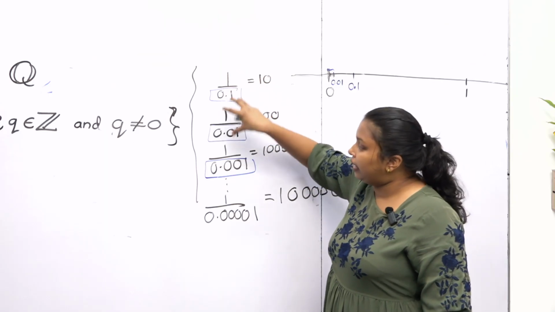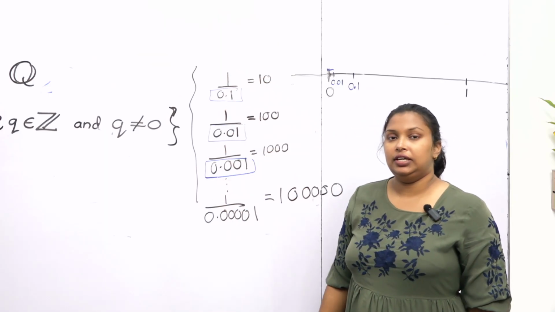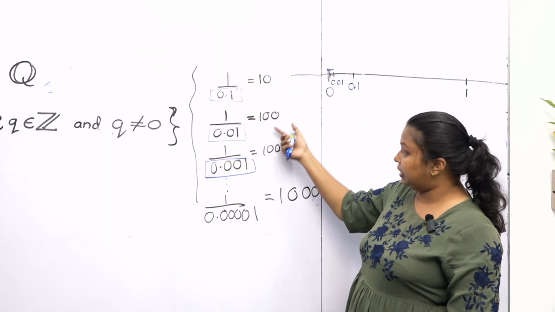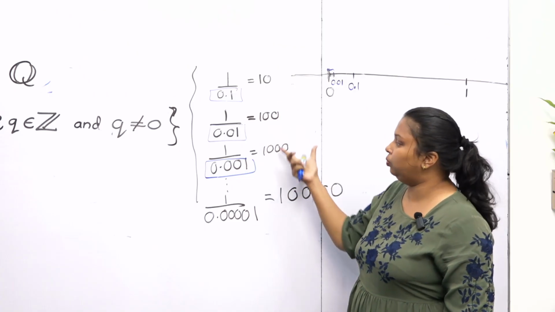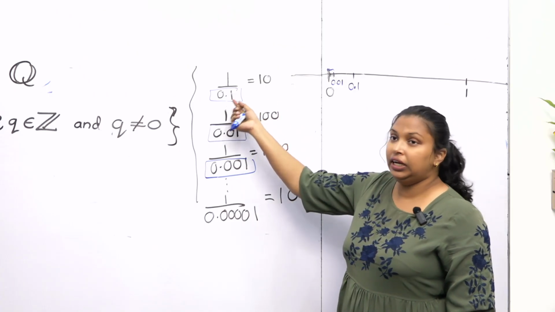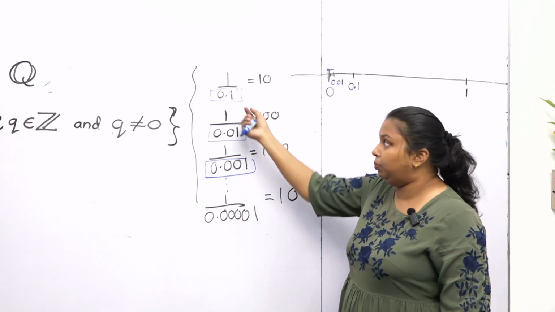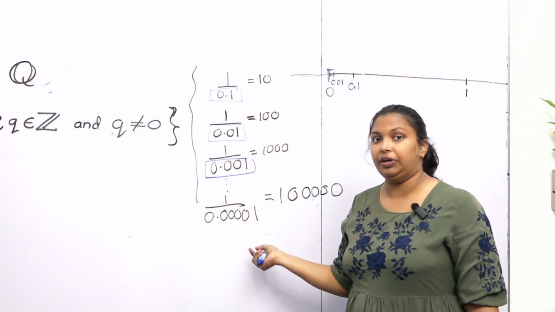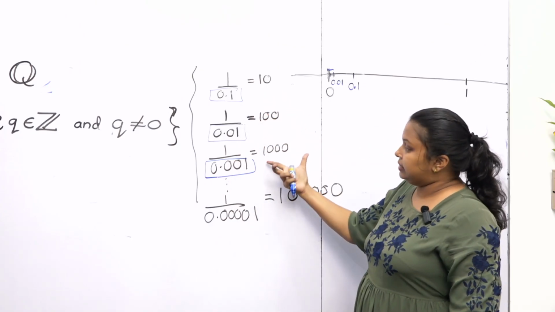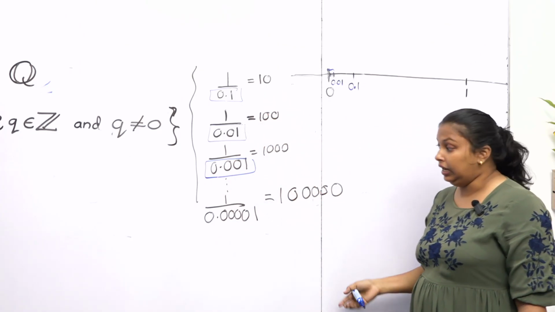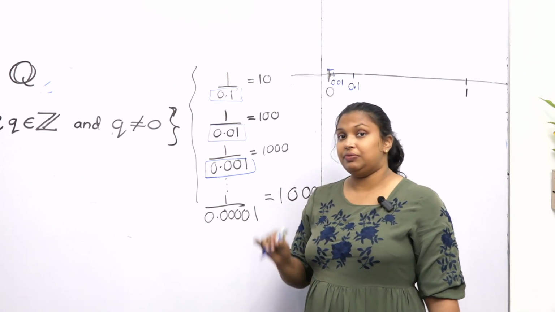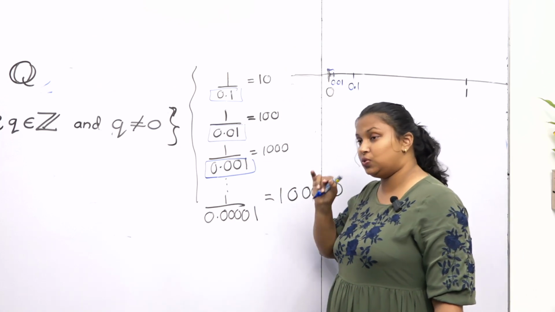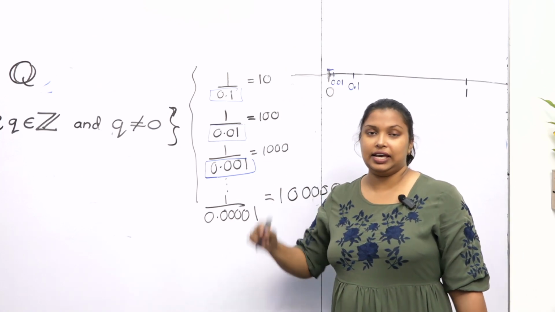Yes, it is getting larger. When the denominator gets smaller and tends to 0, this value is getting larger. So what happens when the denominator tends to exactly 0?